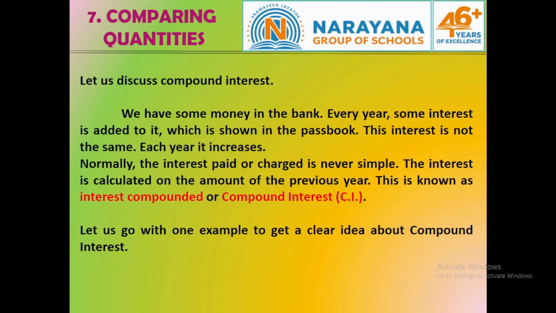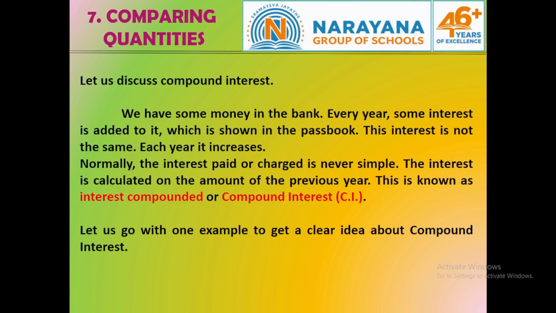Why? Normally, the interest paid or charged is never simple. The interest is calculated on the amount of the previous year. This is known as interest compounded or compound interest. It means we need to pay interest for the principal amount as well as the interest amount also.